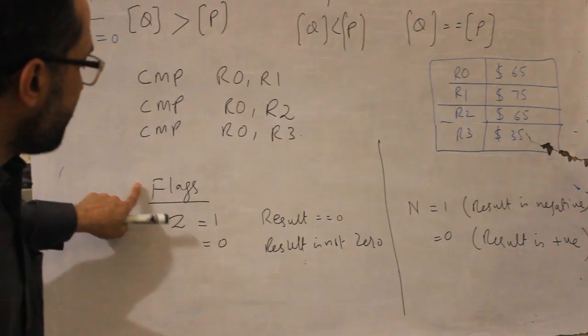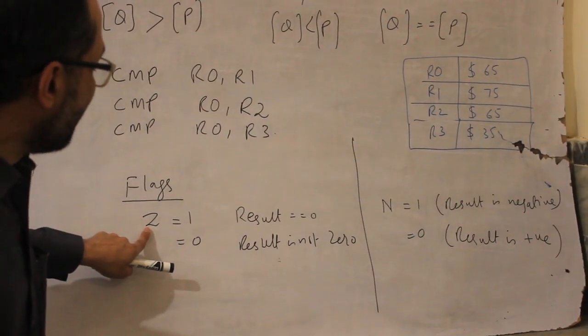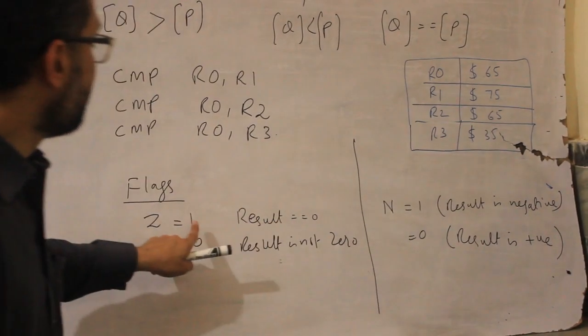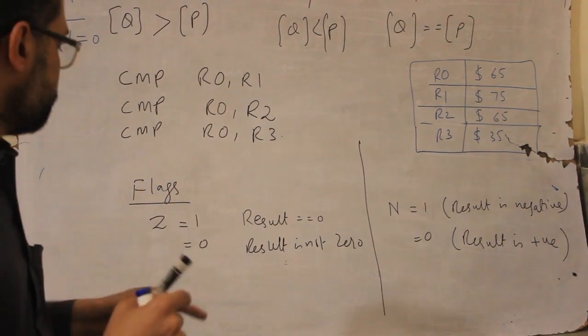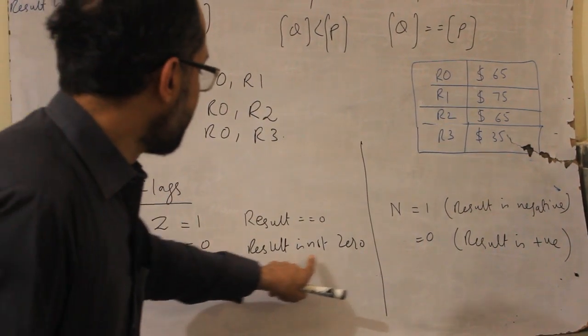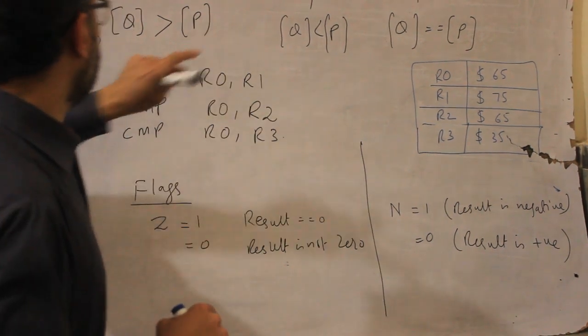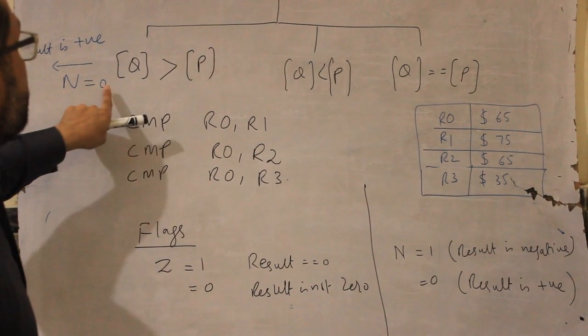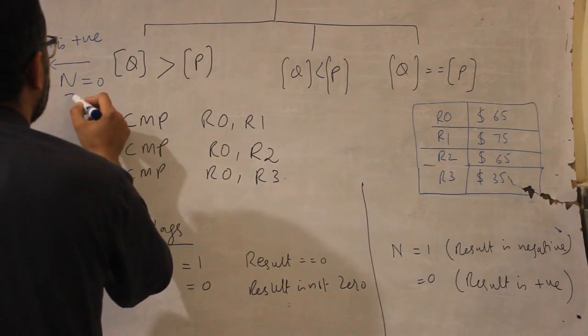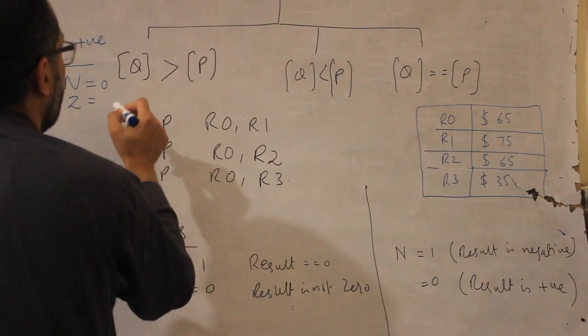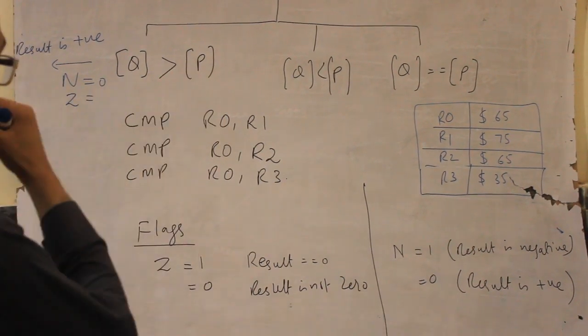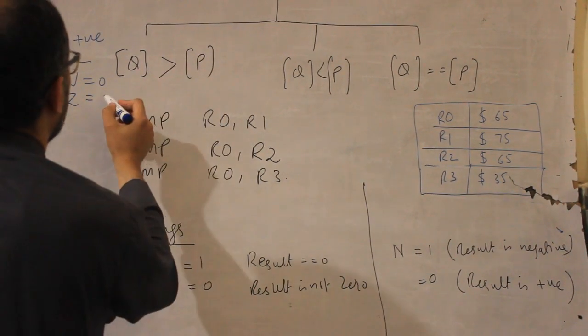For the Z flag, if the result is equal to 0, the Z flag is 1. If the result is not 0, the Z flag will be 0. So if Q is greater than P, the result is positive, N will be 0, and it is non-zero, so the Z flag will be 0.